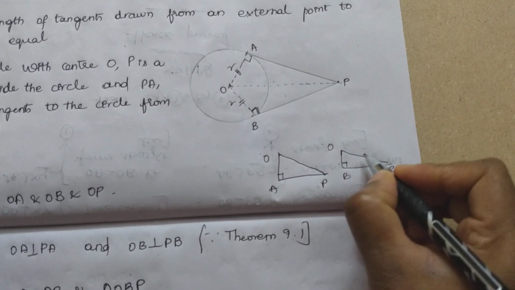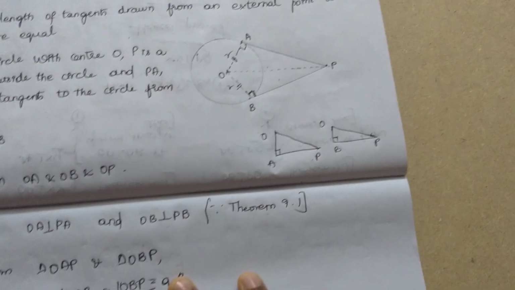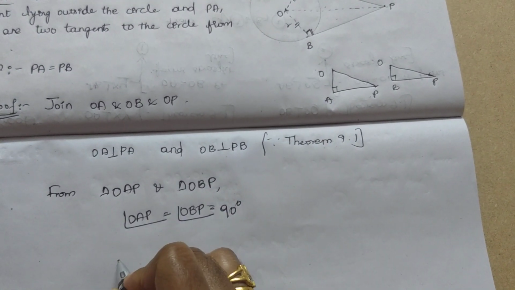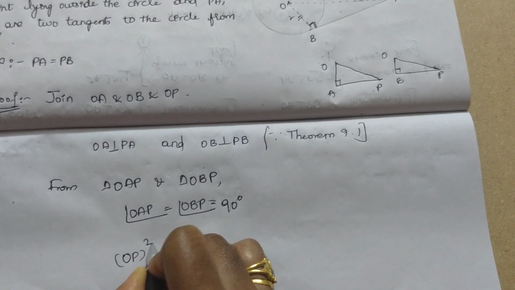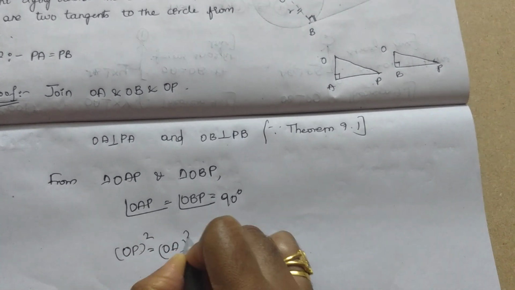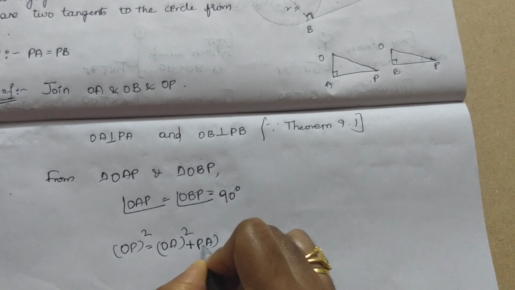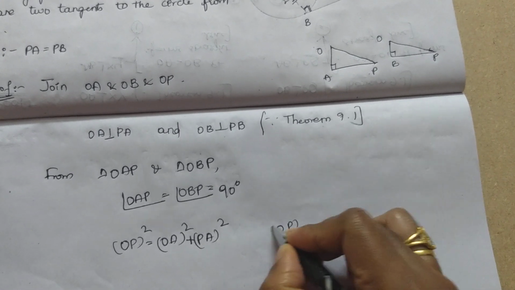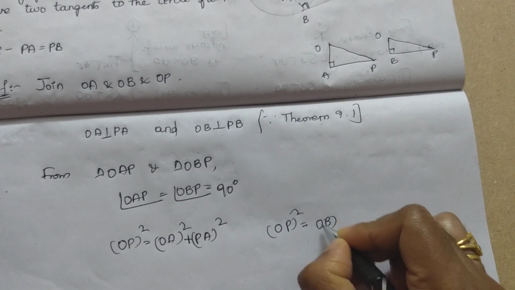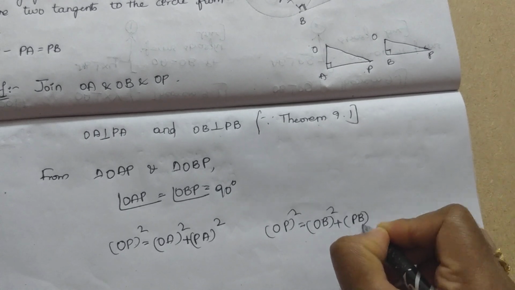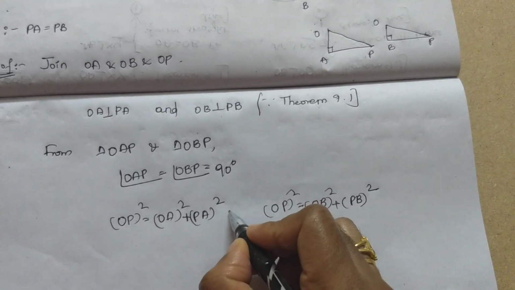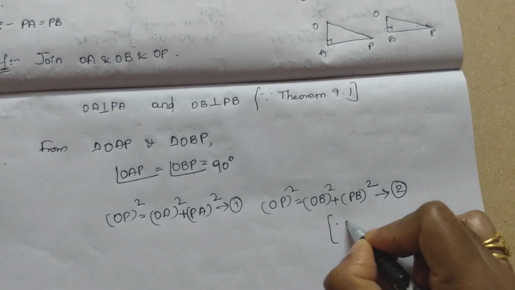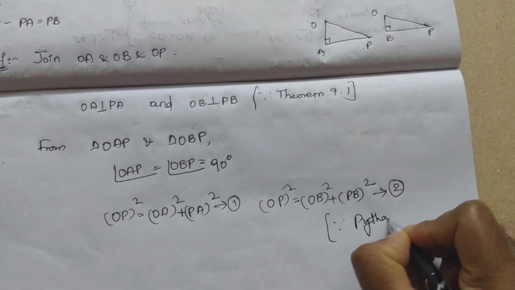See here, the hypotenuse is the same. So OP square equals OA square plus PA square. Again for the triangle OBP, OP square equals OB square plus PB square. Put this as equation 1 and this as equation 2. Write in brackets, since Pythagoras theorem.